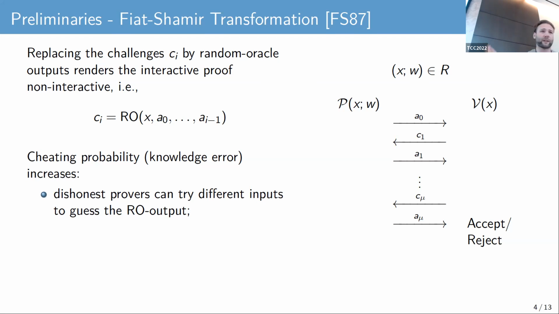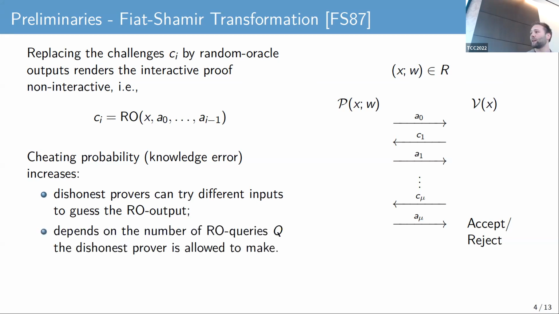So in the interactive setting, the prover has only one chance of guessing these challenges correctly, but in the non-interactive setting, the prover can just query the random oracle many times to try and cheat. And again, it's quite easy to see that this cheating probability depends on the number of times the prover is allowed to query the random oracle, so the query complexity Q.